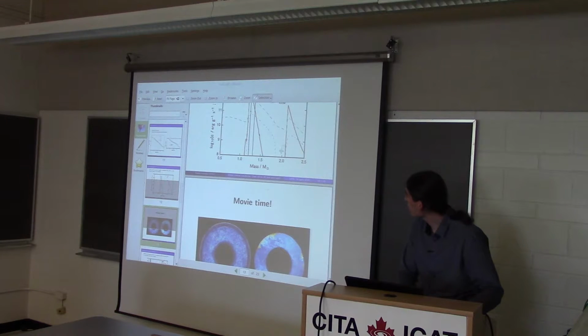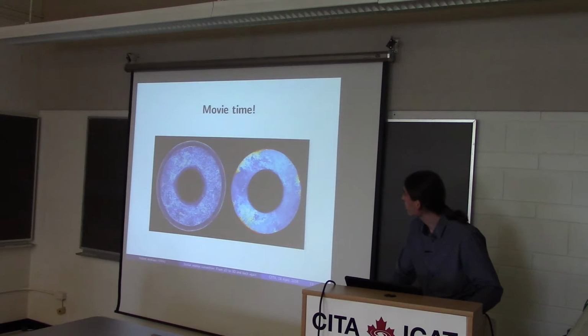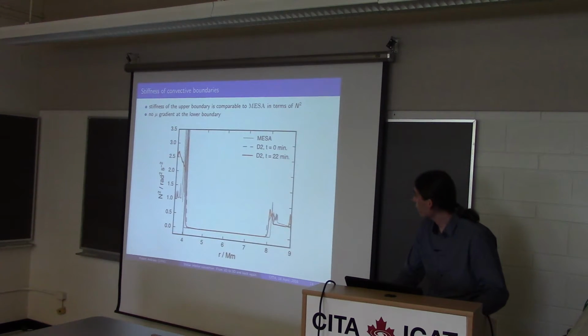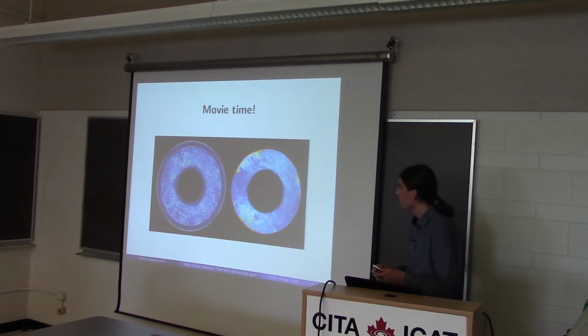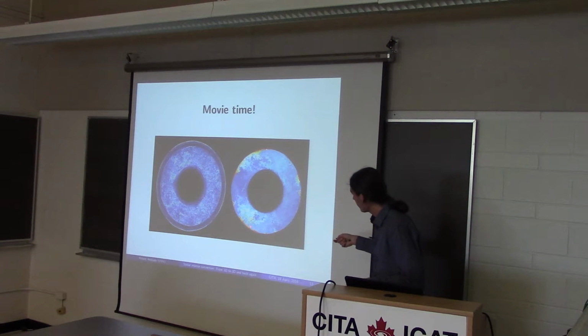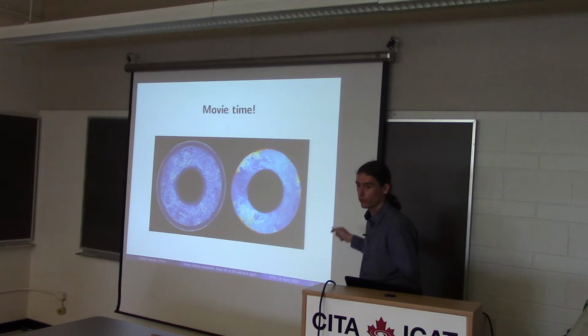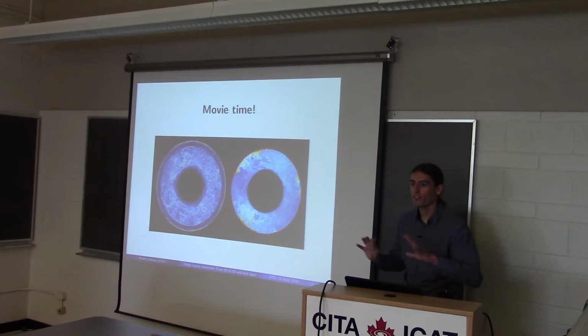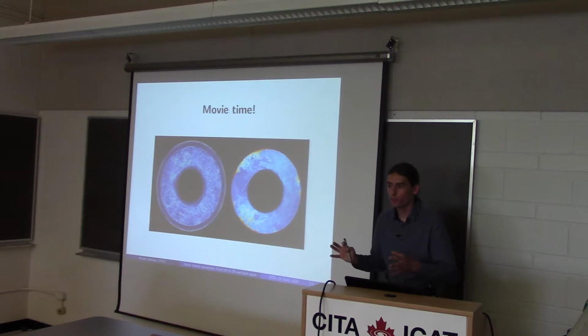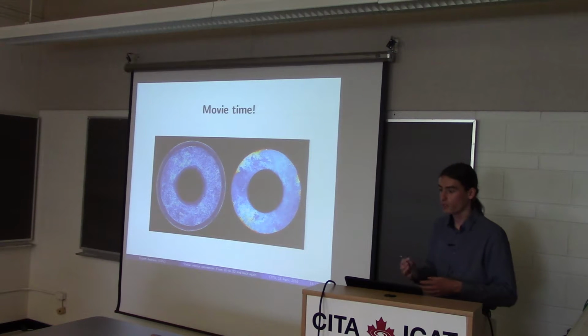So let's go back to this presentation. And now, one of the things that you may have noticed is that this boundary is not a boundary condition. There is still a stable zone on top of it, but this boundary remained during the whole movie almost perfectly circular. So this boundary is quite stiff. How stiff?